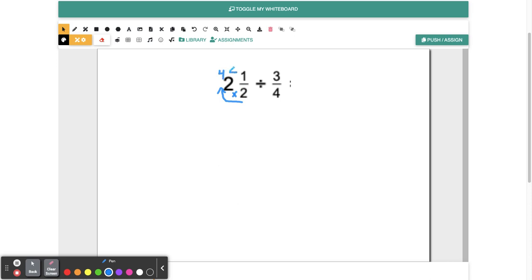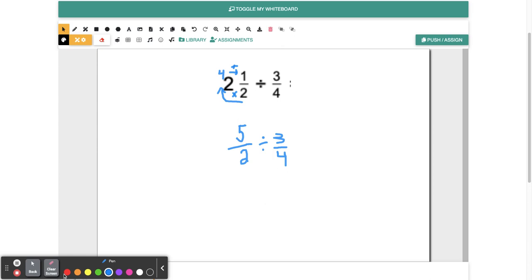Then add that numerator of 1: 4 plus 1 is 5. So now I have a fraction with a numerator of 5, and as always, our denominator stays the same. And I'm dividing by 3/4.